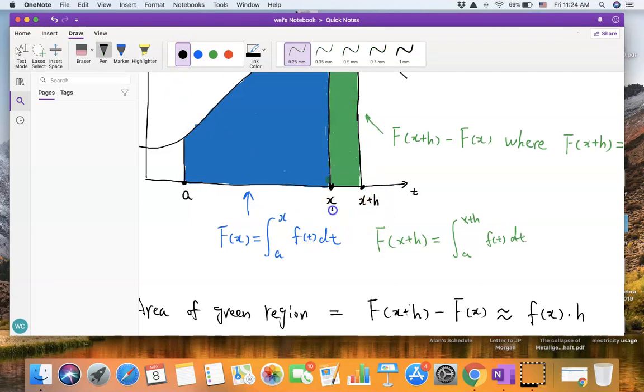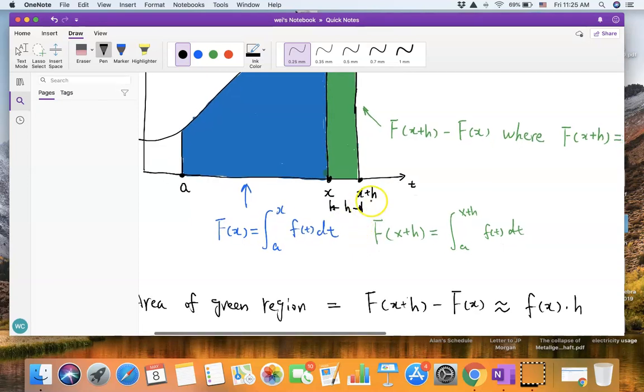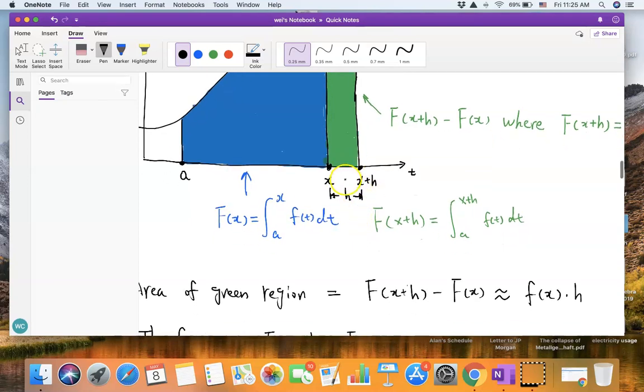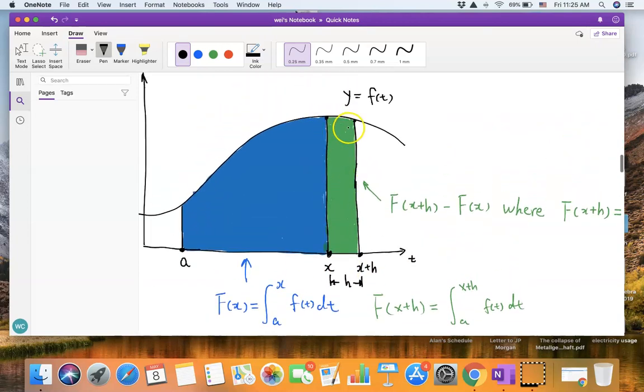Okay, so since we assume x is increased a little bit, this green region can be approximated by a rectangle.